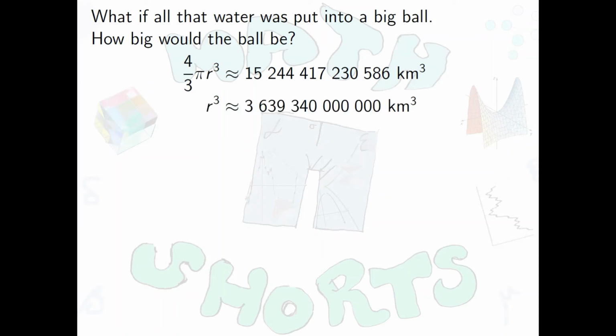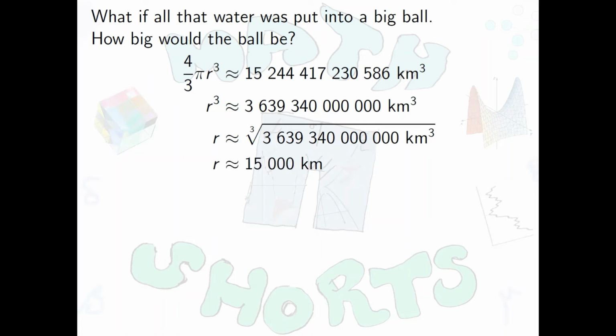We divide through by the 4/3 pi, and we end up with a little bit over 3 trillion cubic kilometers. We take the cube root of that, and we get a reasonable 15,000 kilometers. So we would have a ball of water with radius 15,000 kilometers.